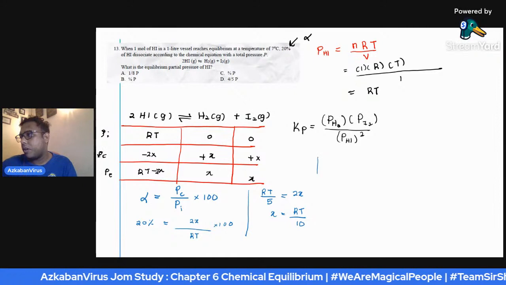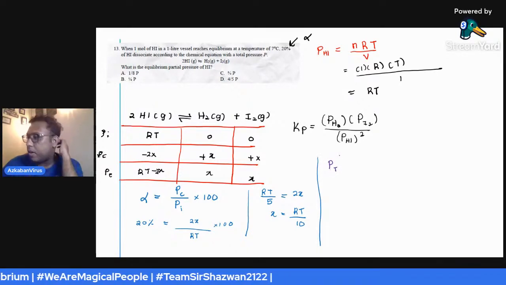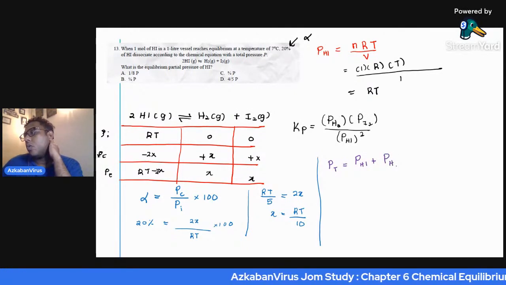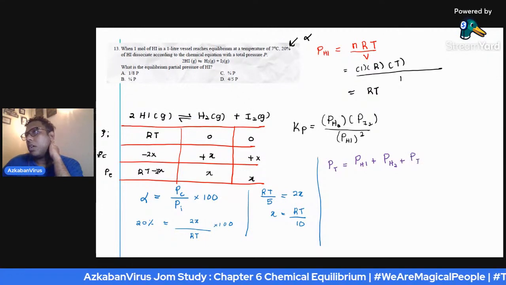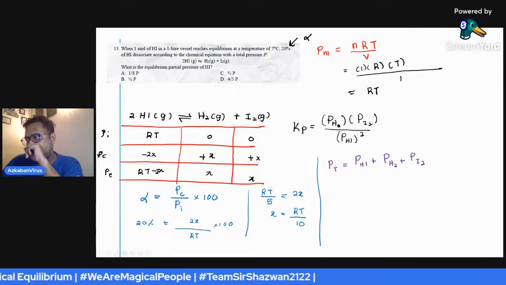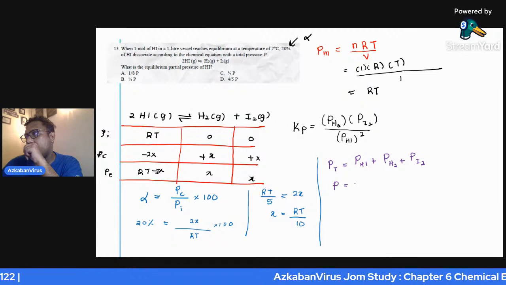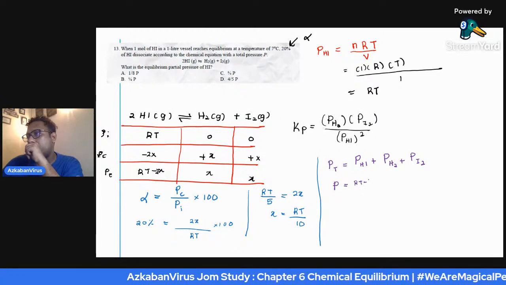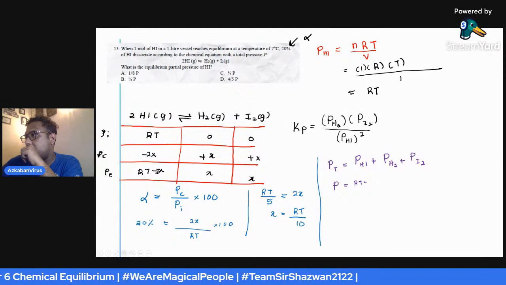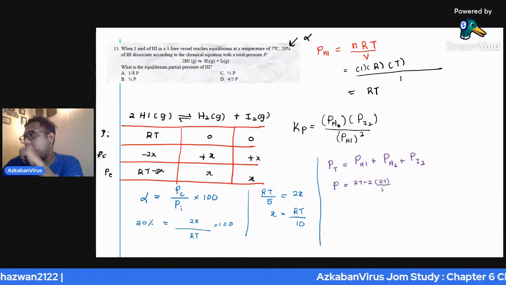We know that P total at equilibrium is equal to P_HI plus P_H2 plus P_I2. This is equal to P is equal to RT minus 2 times RT over 10.